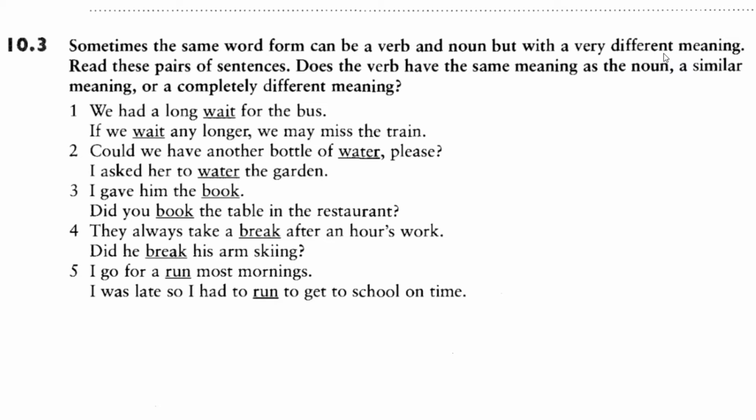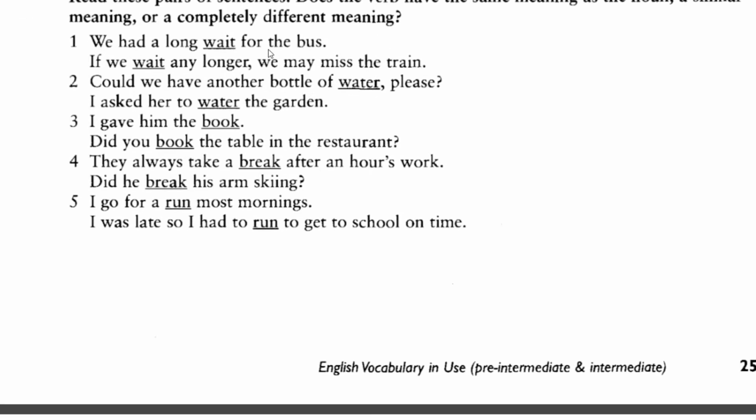But sometimes we have some sort of difference in meaning. Here are examples, and we are going to read these pairs of sentences and try to shed light on the differences in meaning between the two uses of the same word.